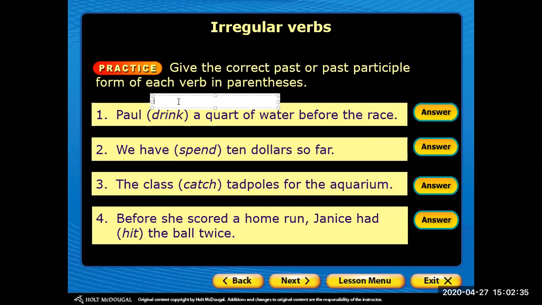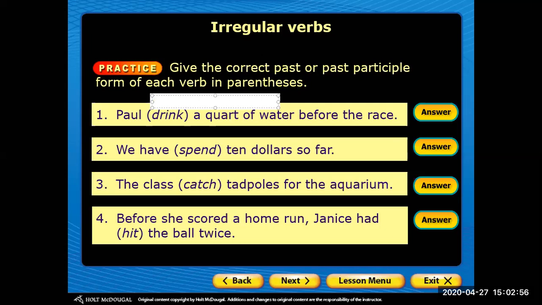Your sentence is okay because it depends on the context. But the question requires us to use either the past or the past participle. That doesn't mean your sentence is wrong. If we say drinks, it's absolutely right, but this is not what the question requires us to do here.